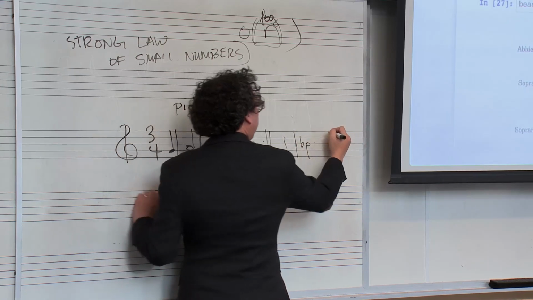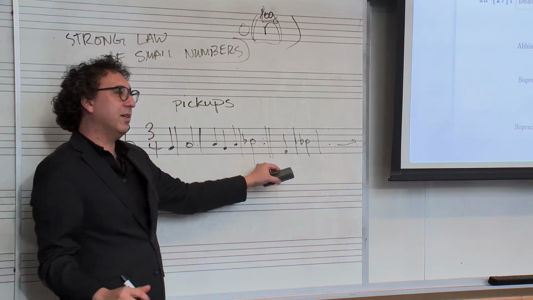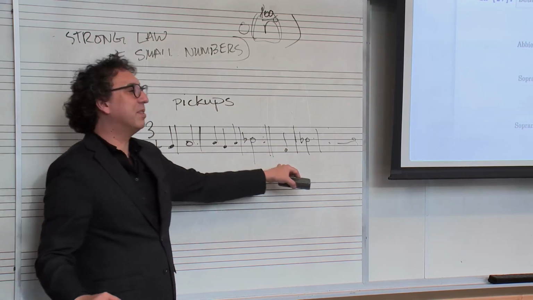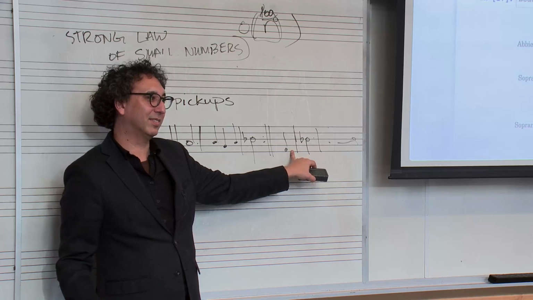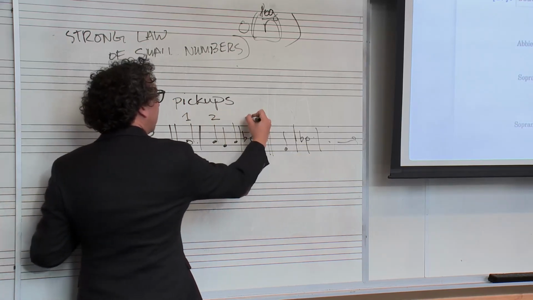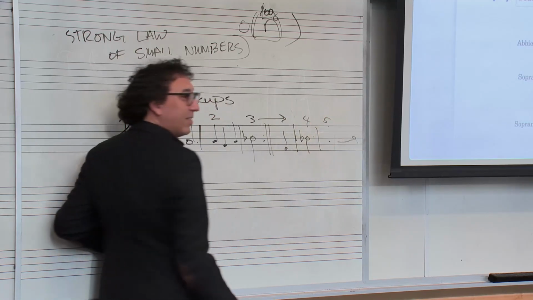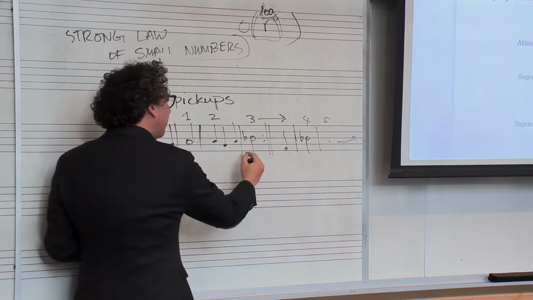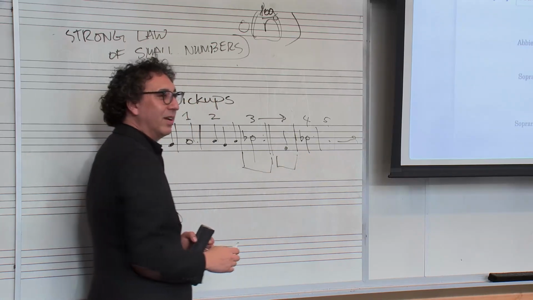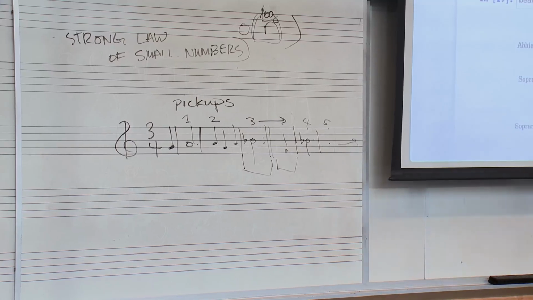Anyone see this, etc.? Where you have an incomplete measure, a repeat sign, and then you begin the pickup again afterwards. Generally, we'd call this measure 1, 2, 3, 4, 5. But most computer representations will represent this as a measure and this as a measure that are both part of the same conceptual measure. Why?